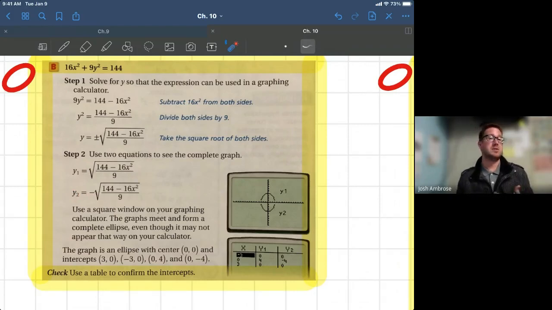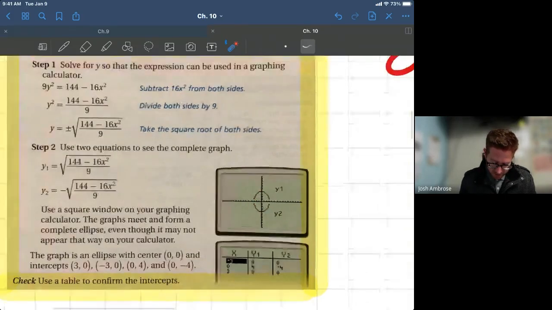You cannot just plug in one of the representations and get the full picture. So you must plug in both parts, positive equation, negative equation, because you're trying to create a full picture. And in this case, this is your full picture. Here's your y1 representing the top half. Here's your y2 representing the bottom half.